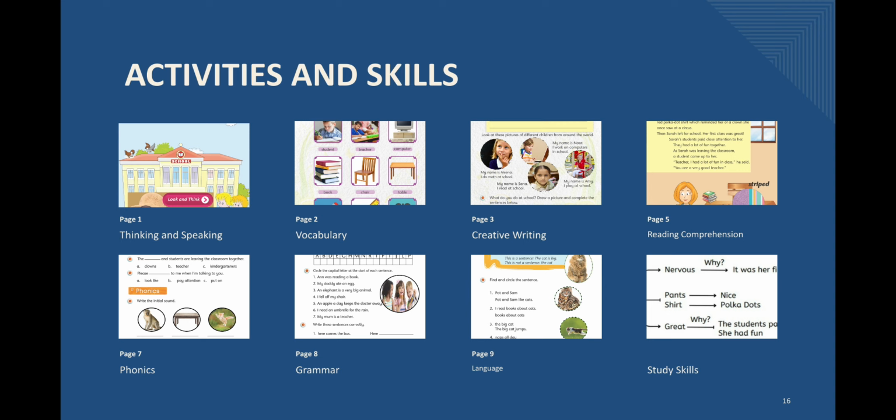On page 5, it is reading comprehension, so they learn how to read English and they learn how to understand it. On page 7, their knowledge of phonics is tested again. On page 8, there is grammar, which is the use of capital letters. On page 9, it is language skills, which is the knowledge of what a sentence is and how to differentiate between a sentence and a phrase.